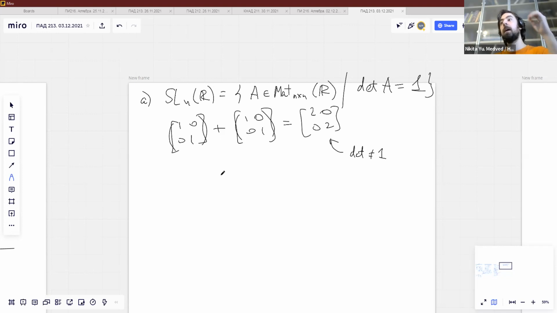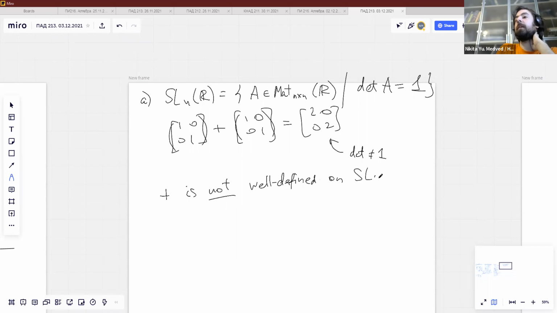So the operation of addition is not well defined on this set. Okay, because the result is not inside but outside.